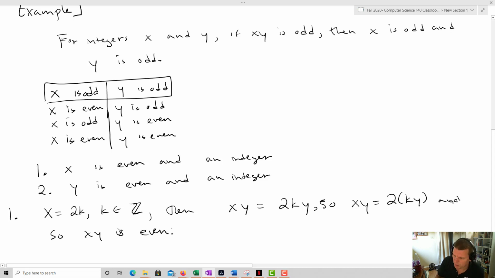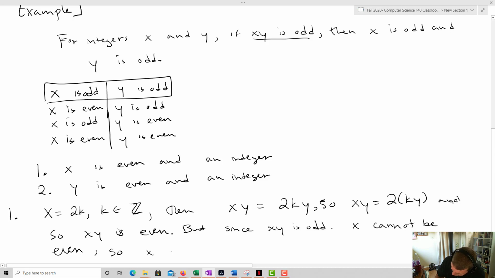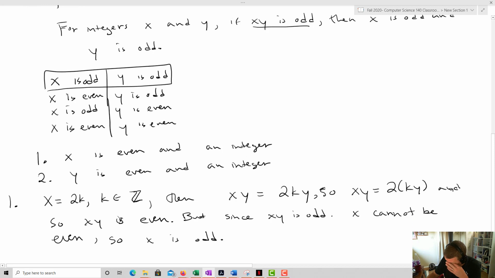But that's impossible because we were told at the beginning that xy is odd. Since xy is odd, x cannot be even by contradiction. So x must be odd.